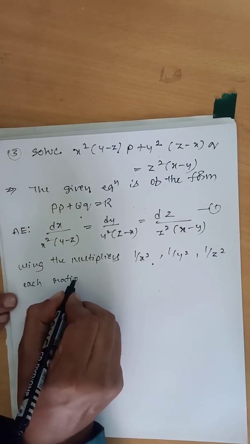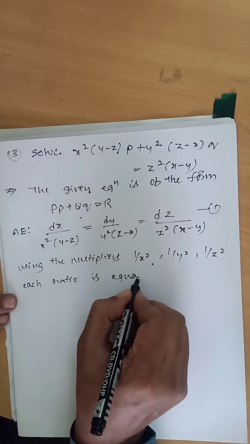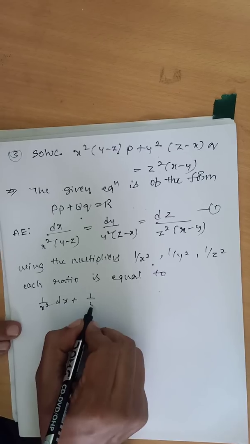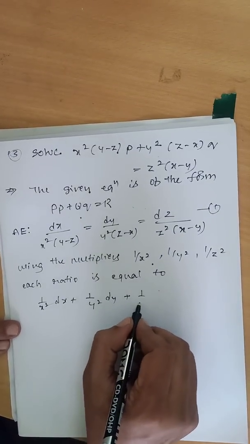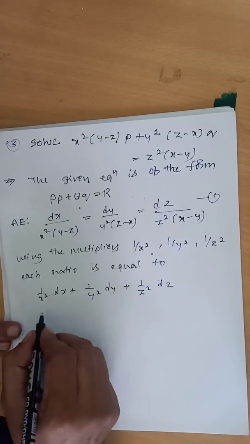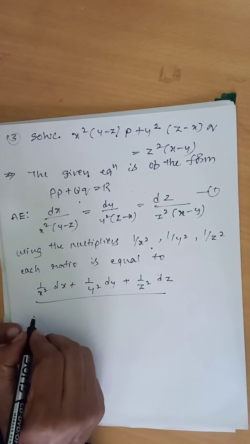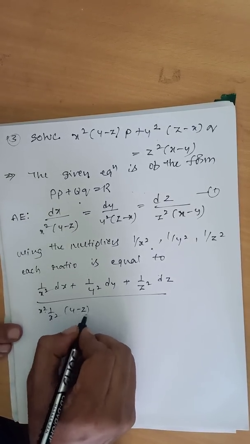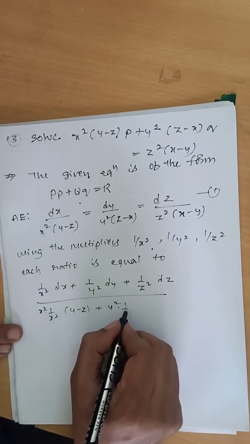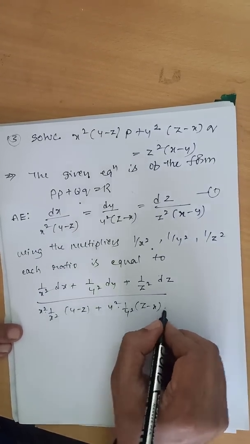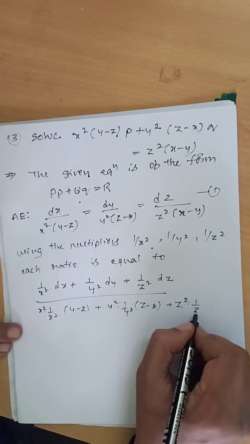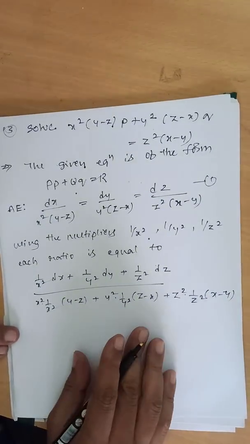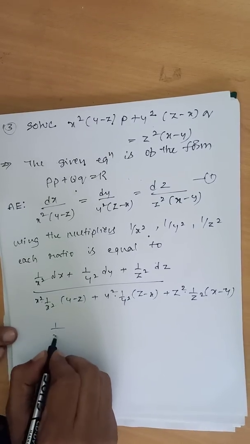Each ratio is equal to (1/x² dx + 1/y² dy + 1/z² dz) divided by x² into 1/x² (y − z), y² into 1/y² (z − x), z² into 1/z² (x − y). x² cancels, y² cancels, z² cancels. So the denominator should be 0.